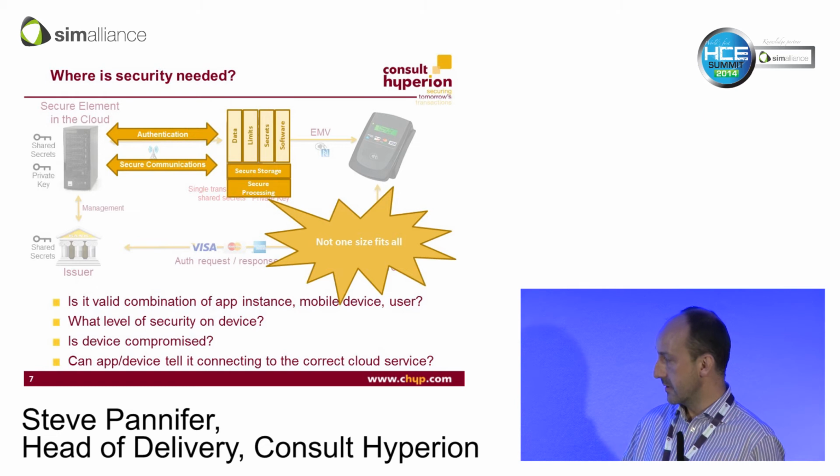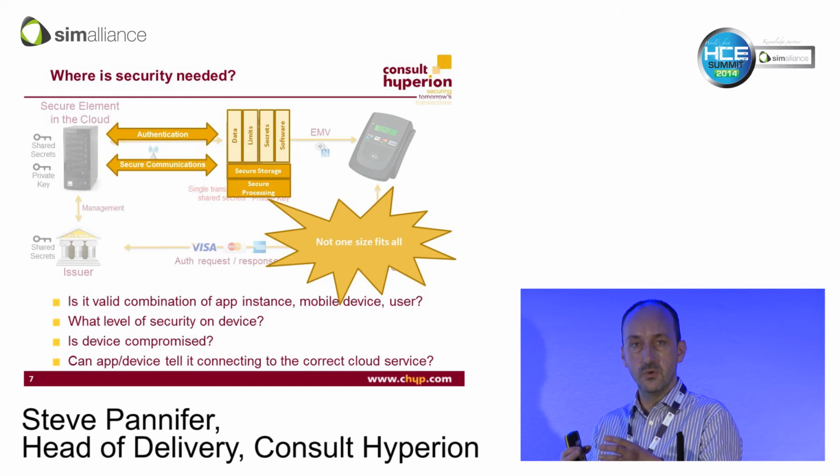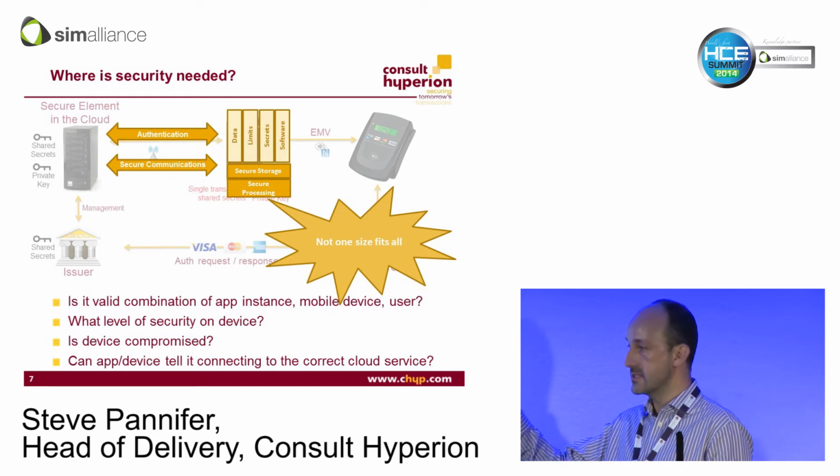So there are 4 primary assets that we're trying to protect, and then there are 4 things that we need to think about. So there's the storage of those things. How do we store them securely on the device? And then there's secure processing. When we use them, how do we make sure that... the keys are a really instructive example here.